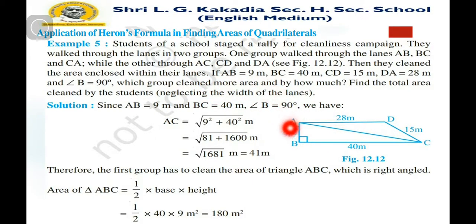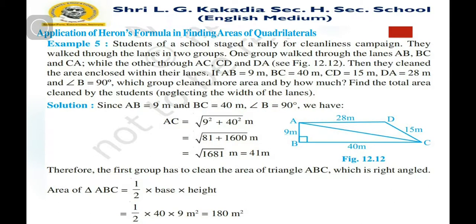If AB is equal to 9, BC is equal to 40, CD is equal to 15, DA is equal to 28, and angle B is 90 degrees, which group cleaned more area and by how much? Find the total area cleaned by the students, neglecting the width of the lines.